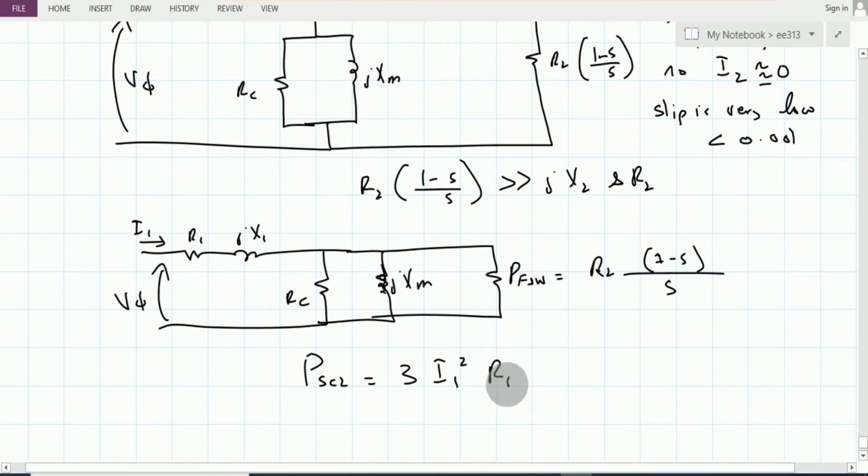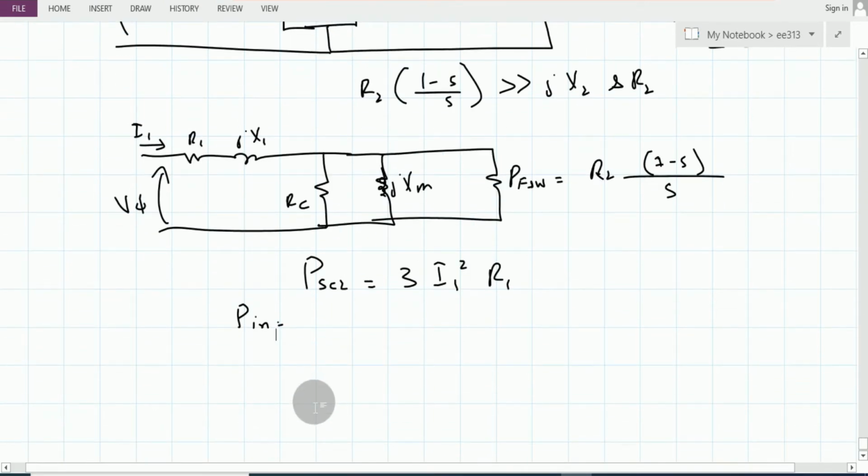Then the input power P in is equal to P stator copper losses plus P core losses plus P friction and windage plus P miscellaneous or stray losses.